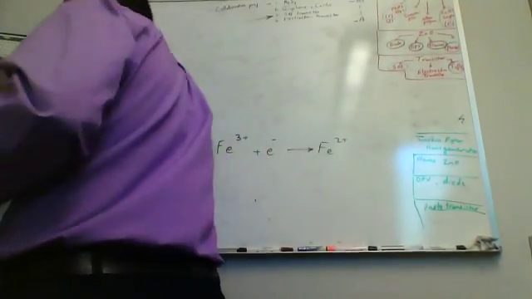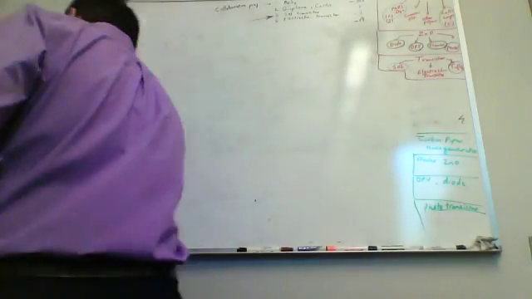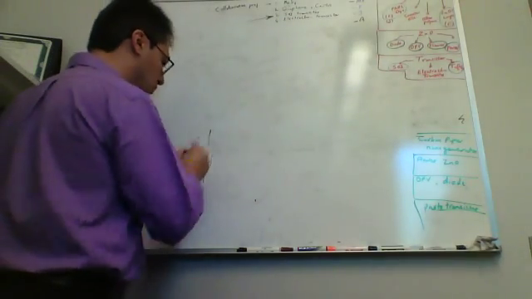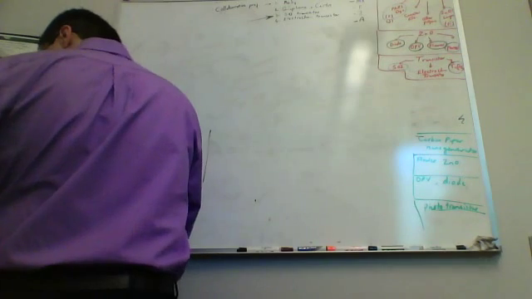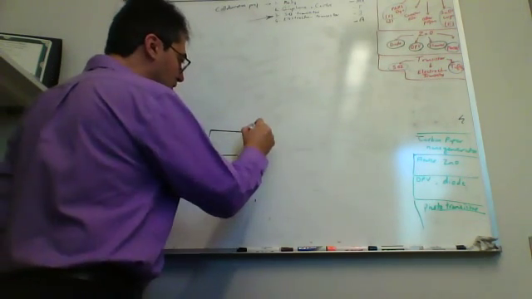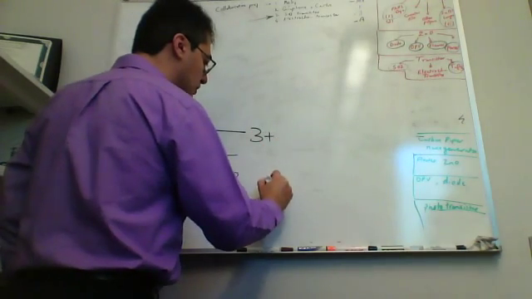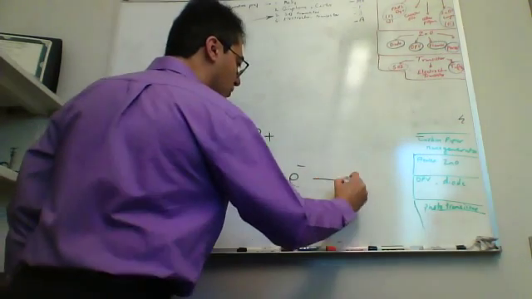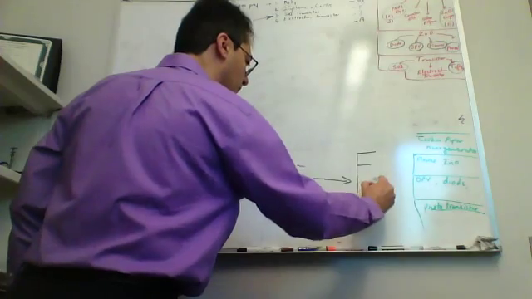Maybe I have to write a little bit harder so the font can be seen. So we have Fe3+ plus an electron would give us Fe2+.